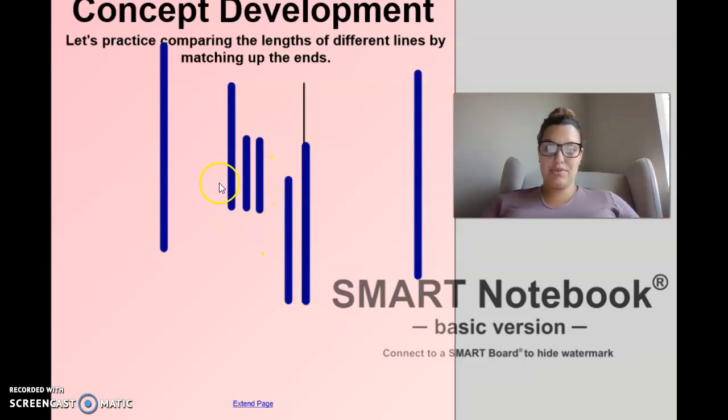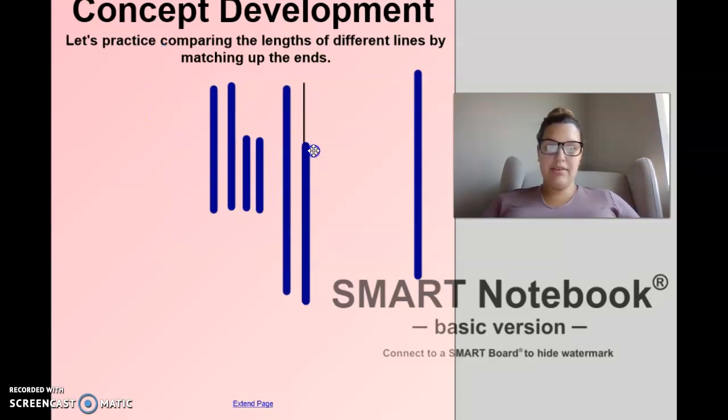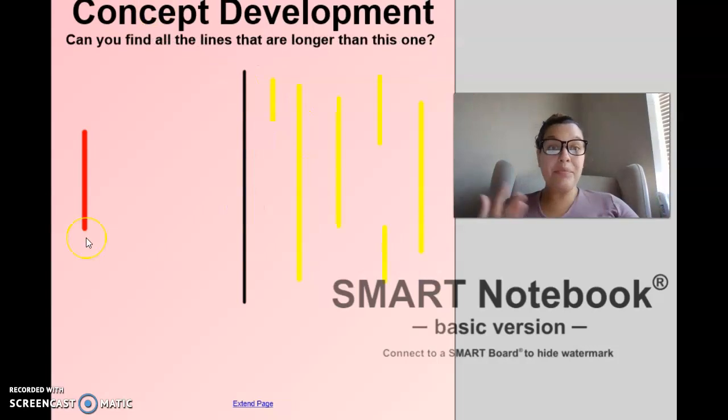This string is shorter. Now for our last one. Is this string shorter or taller than this string? It is taller. Look at, I have so much more length on here. It is taller. Nice job.